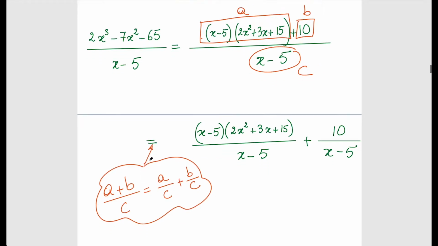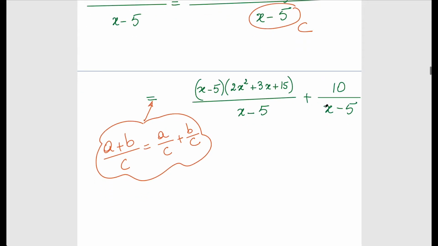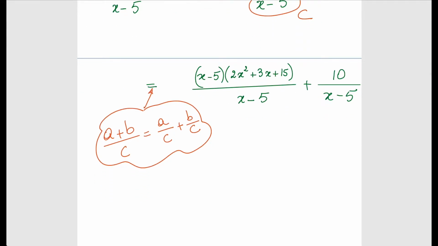Okay? All right. And what's the benefit of doing it this way? Now look, the x minus 5 upstairs and the x minus 5 downstairs, that's a common factor which can be simplified, just for the first fraction. Right? So we're left with a denominator 1 if we simplify.